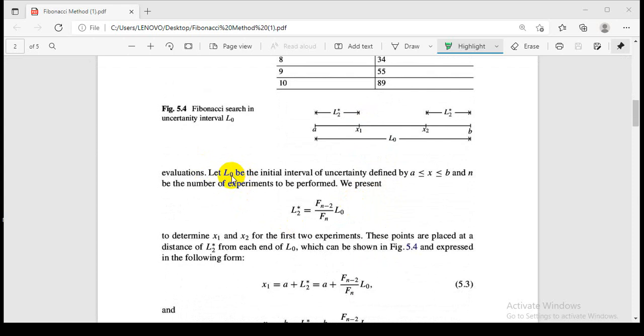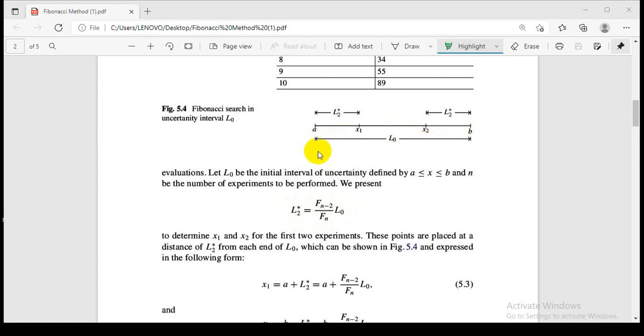Let L0 be the initial interval of uncertainty defined by x greater than or equal to A, less than or equal to B, and n be the number of experiments to be performed. We present L2 star equals Fn minus 2 over Fn multiplied by L0.